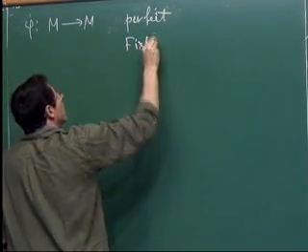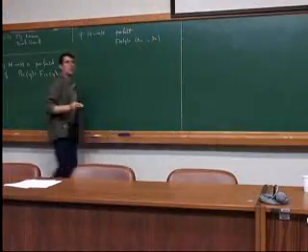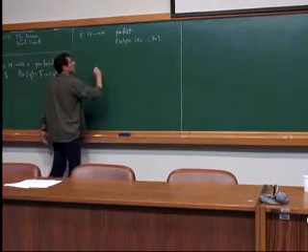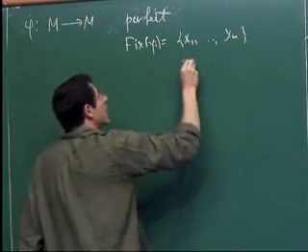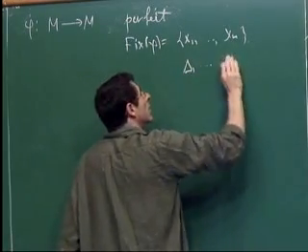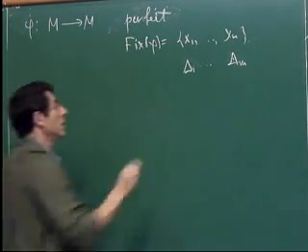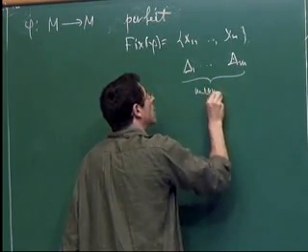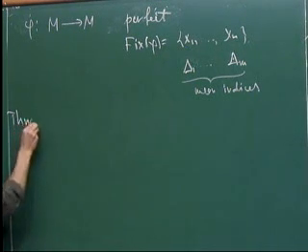Every periodic point is already a fixed point, and there are finitely many of them, x1 through xm. Let delta 1 through delta m be the mean indices. Theorem 1.